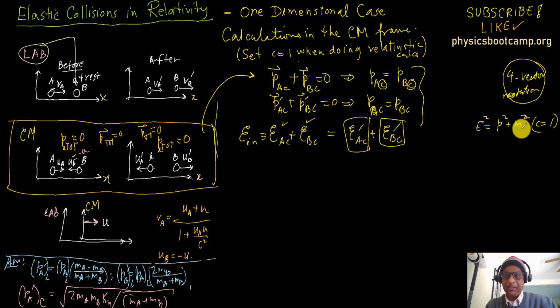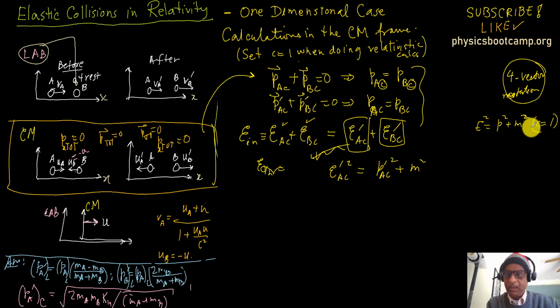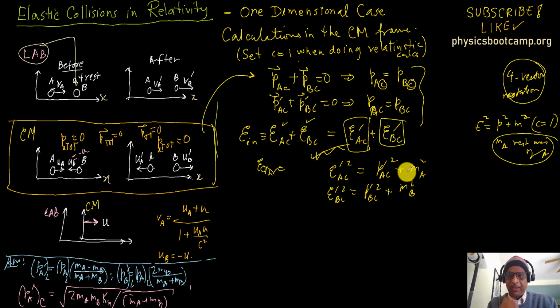So look at E prime AC square by itself: it is P prime AC square plus MA square, where MA is the rest mass of A, that's my notation, and E prime BC square equals P prime BC square plus MB square.